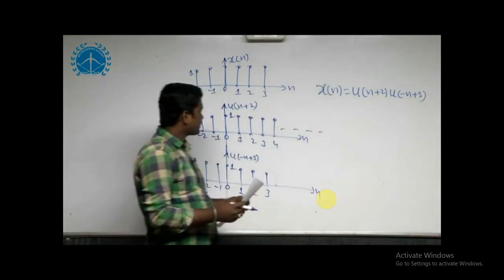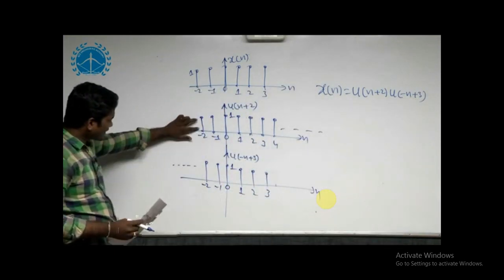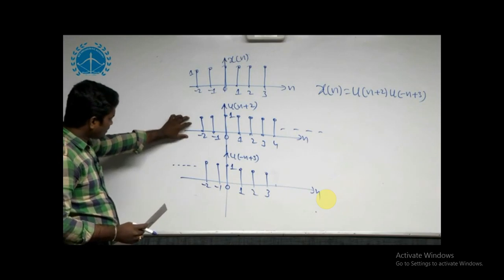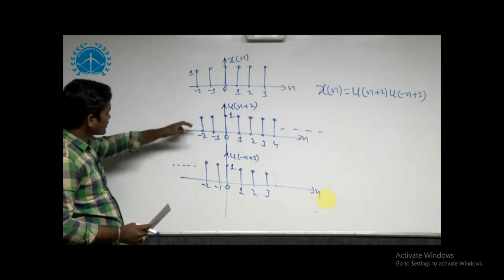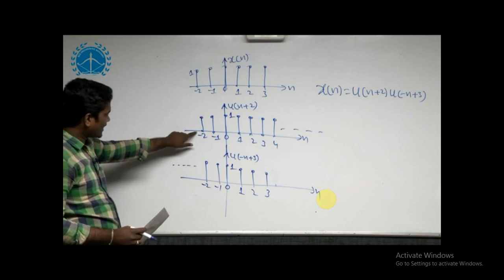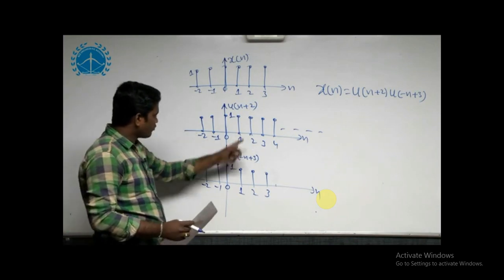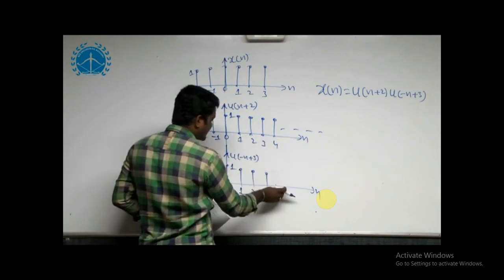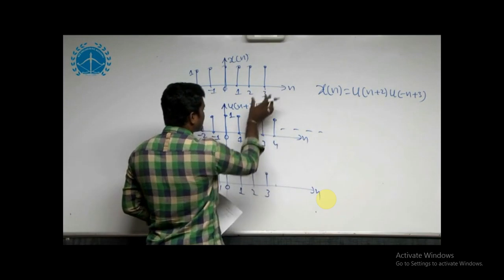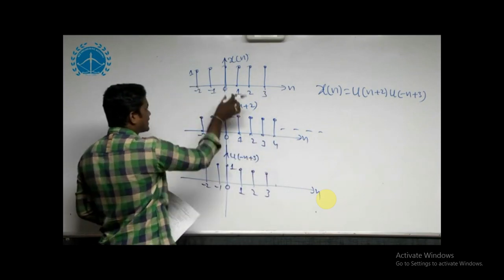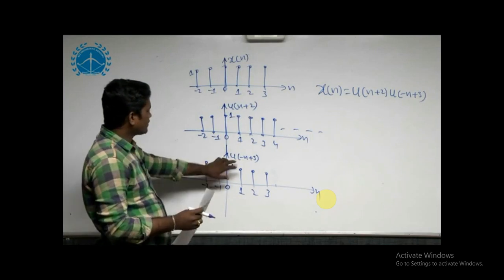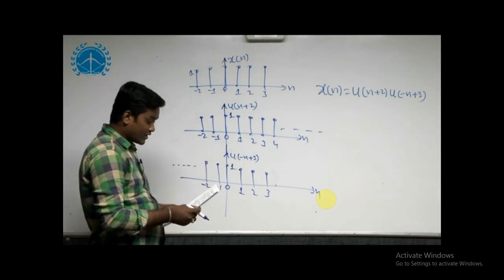If I multiply these two signals, up to -2 the amplitude is 0, and 0 times something is 0, so no signal before -2. From -2 to 3, both are 1, and 1 times 1 is 1. After 3, this is 0, and 0 times something is 0. So to get this signal, the required operation is the multiplication of u[n+2] and u[-n+3]. So the right answer is C.